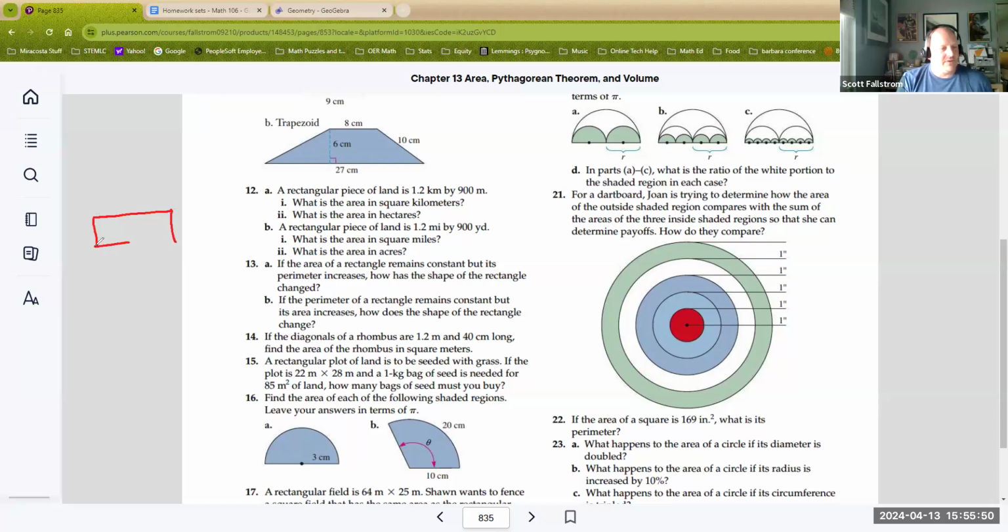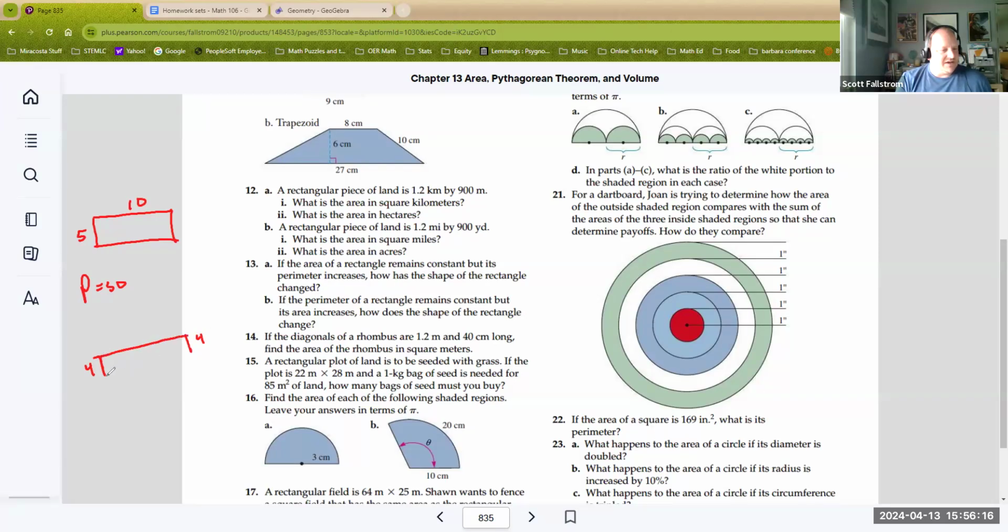Right? So let's just say this is 5 and this is 10. So the perimeter then would be 10 plus 10 plus 5 plus 5. The perimeter would be 30, right? Now, if that stays constant, I have to stay with 30. Watch this, though. If I go down here to this being 4, and so the other side over here would be 4.